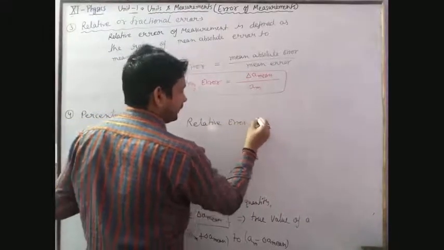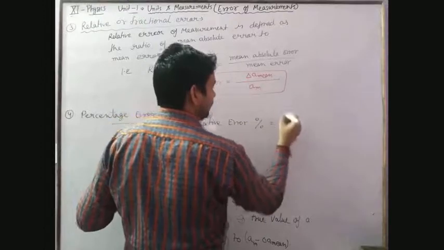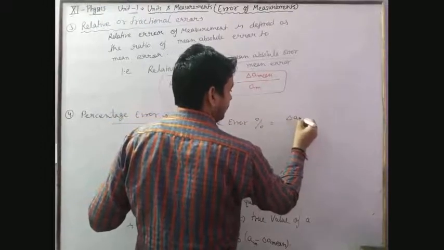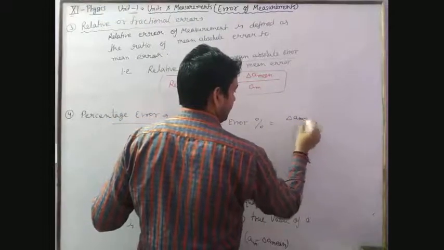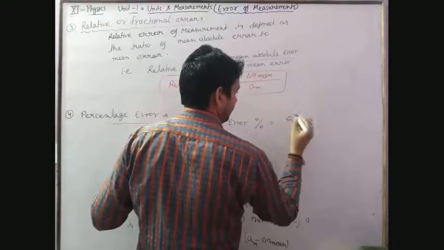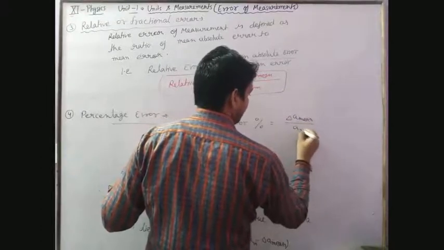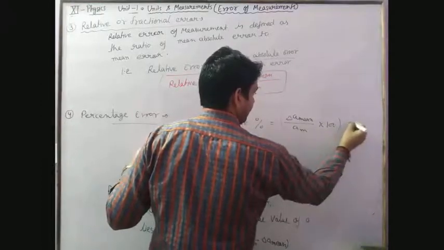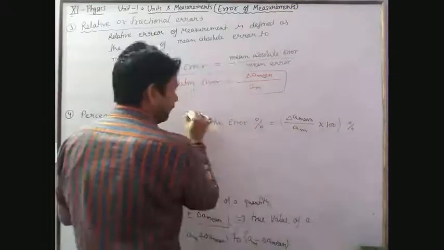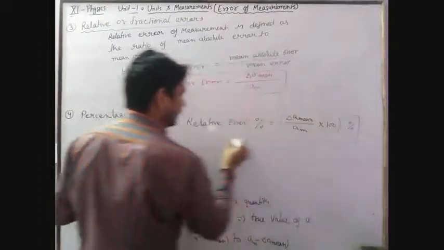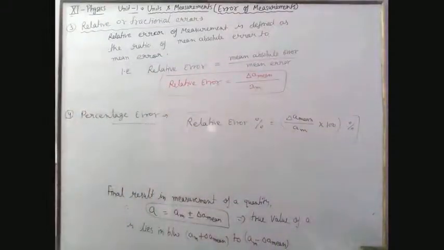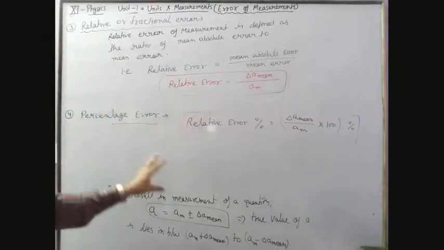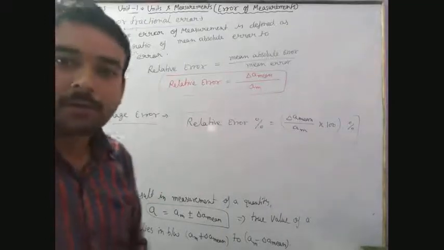Error percentage is equal to relative error times 100. This is how we calculate the percentage error in the measurement. Okay, so these are the methods to calculate the error in our measurement.